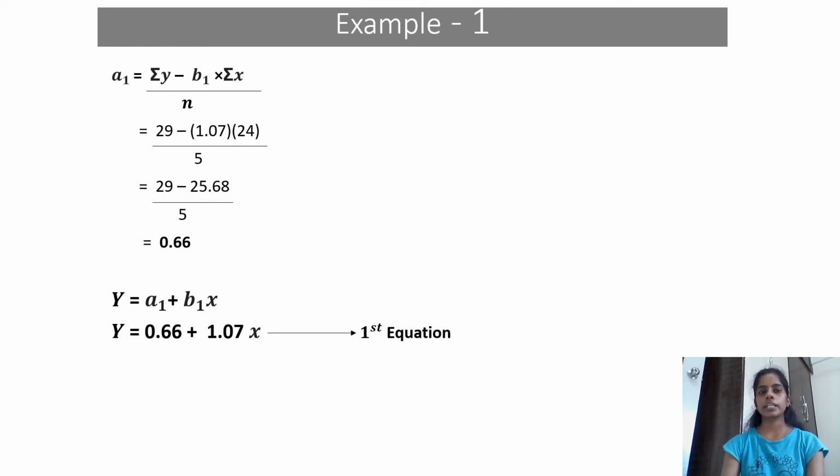So we will get a1 is equal to 0.66. So the regression equation y on x is y is equal to a1 plus b1x. So the first equation we get is y is equal to 0.66 plus 1.07x, and x remains the same.